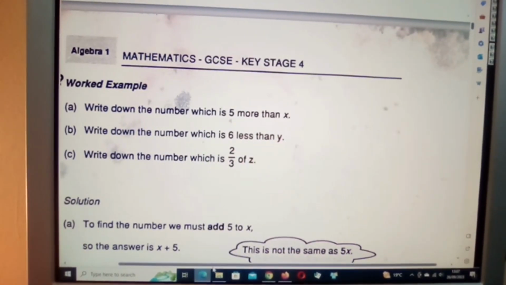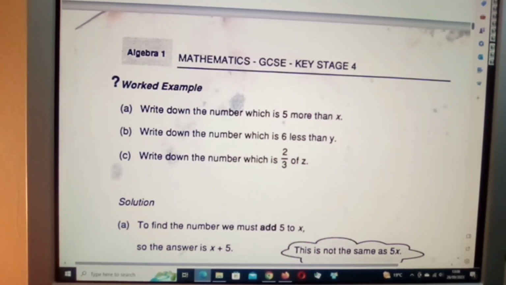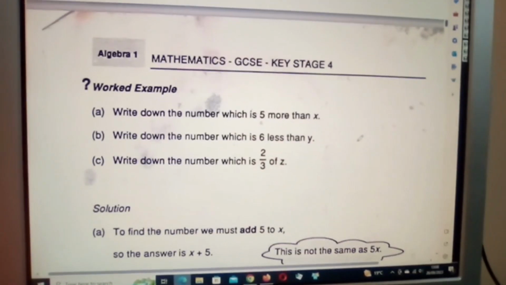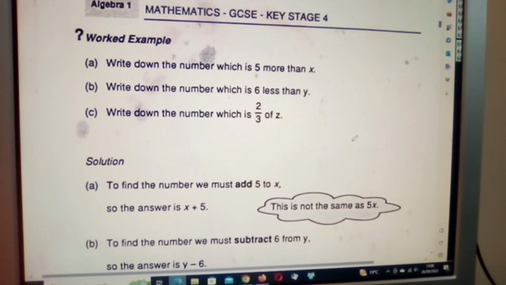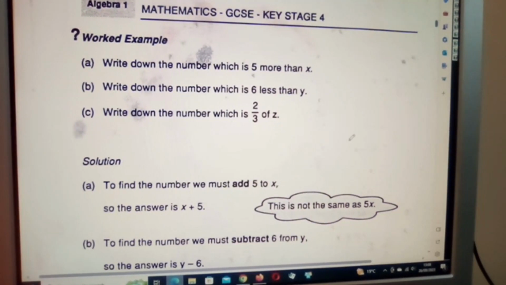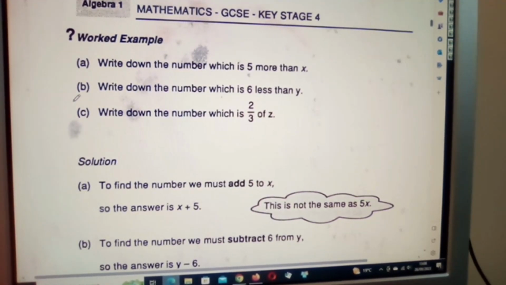Now let me just move back a little bit, because I made it quite large. Worked example. A: Write down the number which is 5 more than x. B: Write down the number which is 6 less than y. And C: Write down the number which is 2/3 of z.